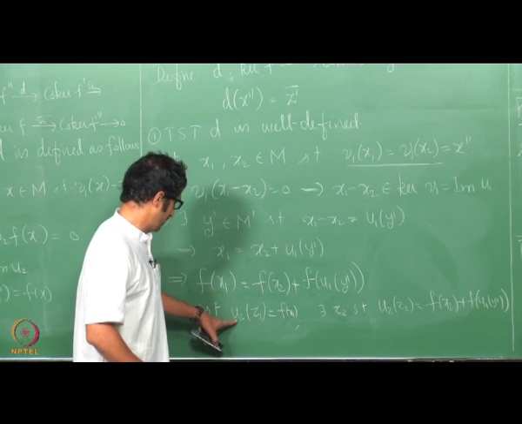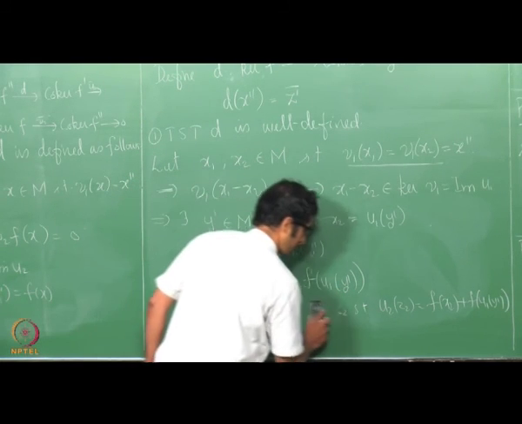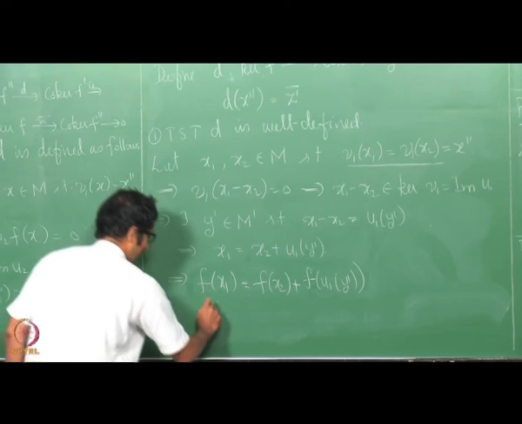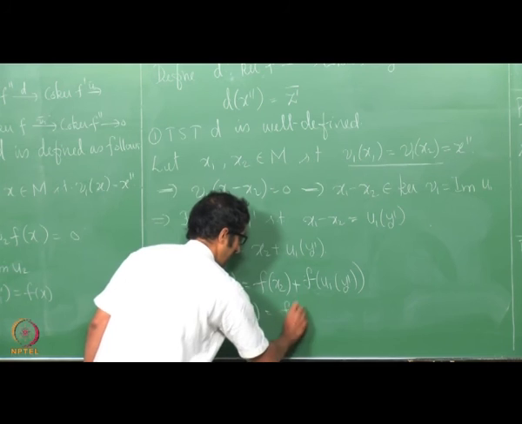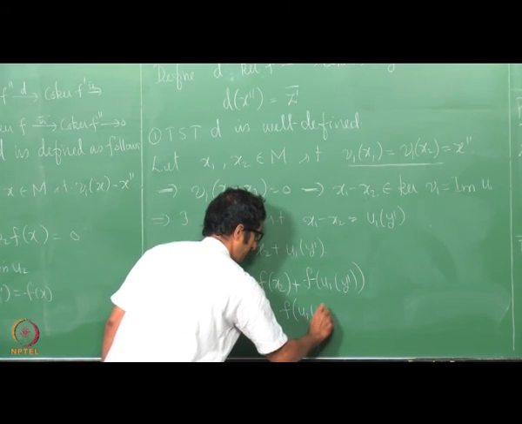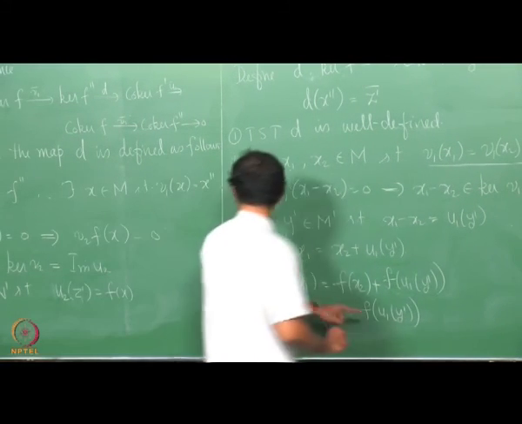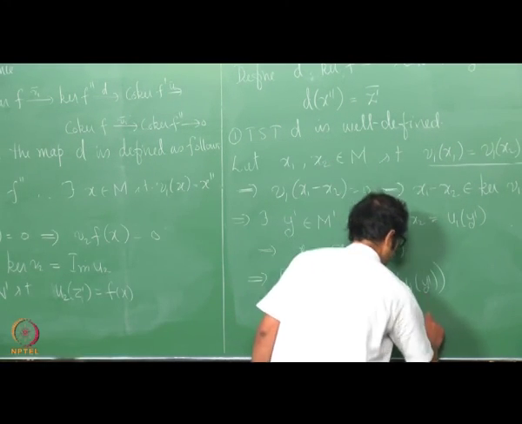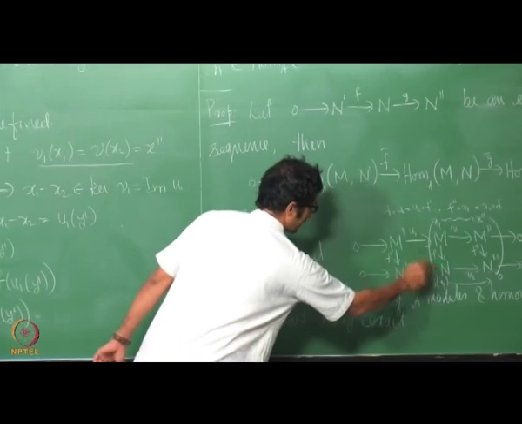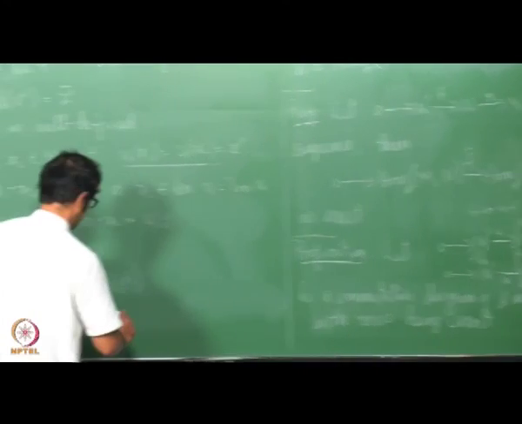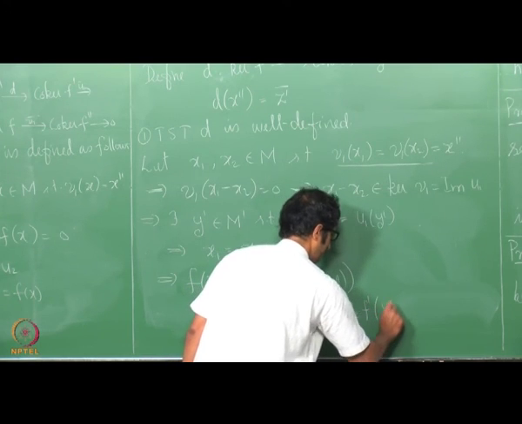Now this is not what I want to say, sorry. So f of x1 minus x2 is f of U1 of y prime, but f of U1 of y prime is the same as U2 of f prime of y prime.